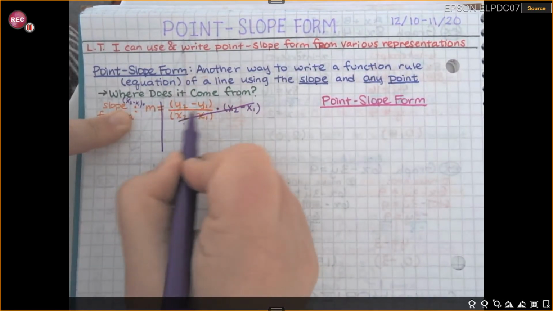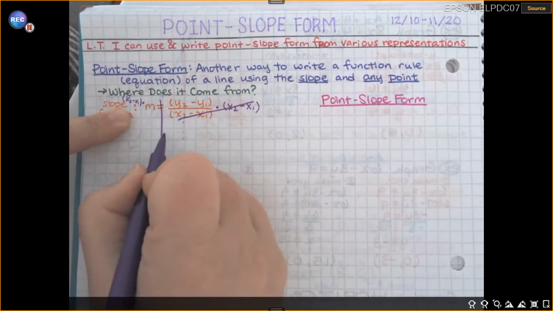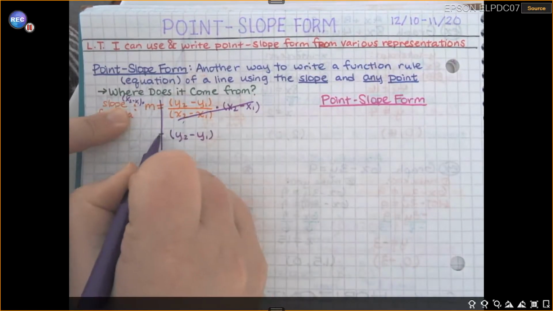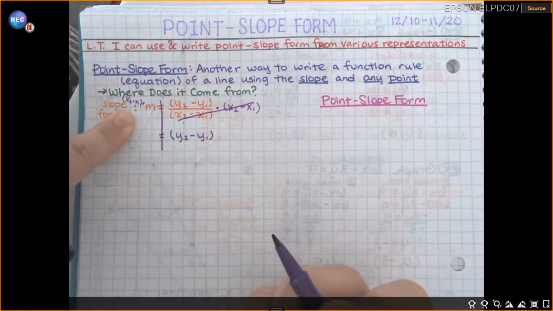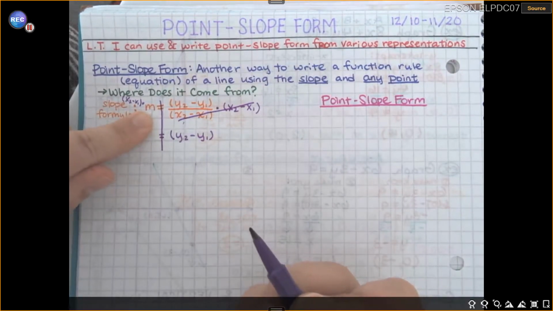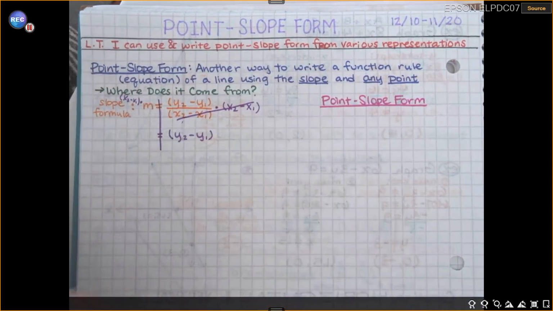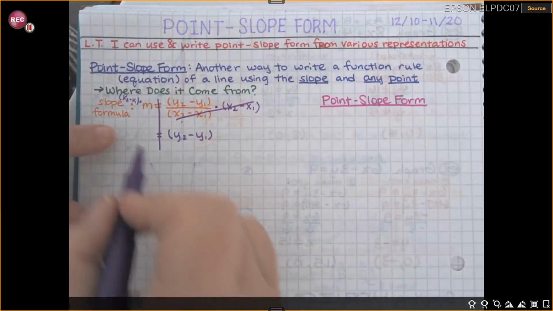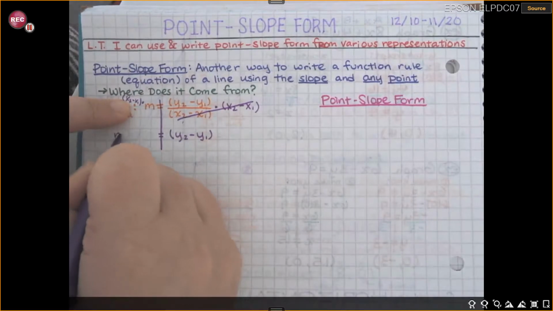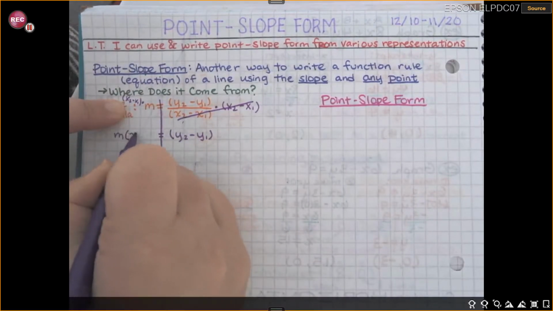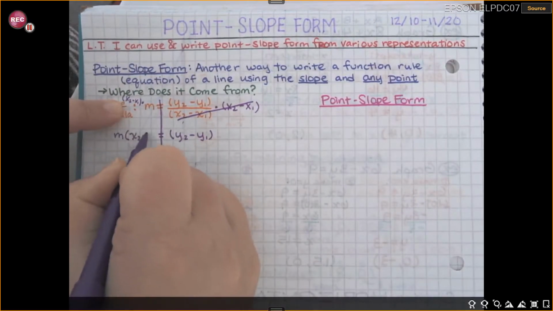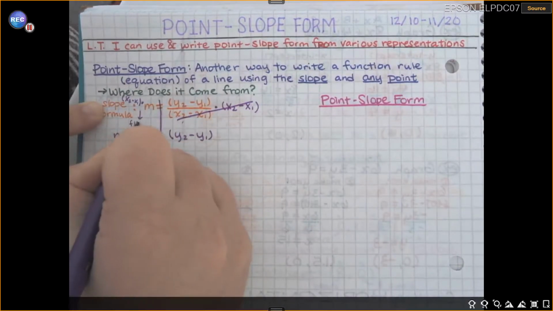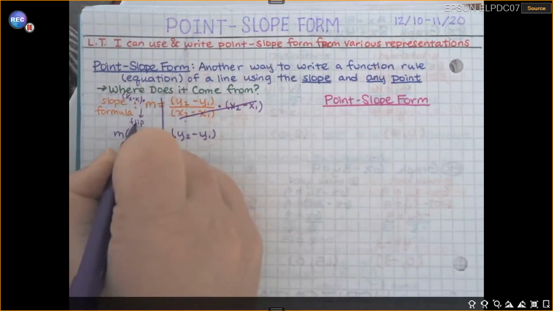So the only thing left here is the numerator, which is y sub 2 minus y sub 1 equals, and then here I have these times each other, and hopefully you know that when you multiply, you can write them in either order, right? 3 times 2 is the same as 2 times 3. So I'm going to write m first, and then x sub 2 minus x sub 1. Okay, so I just flipped those.